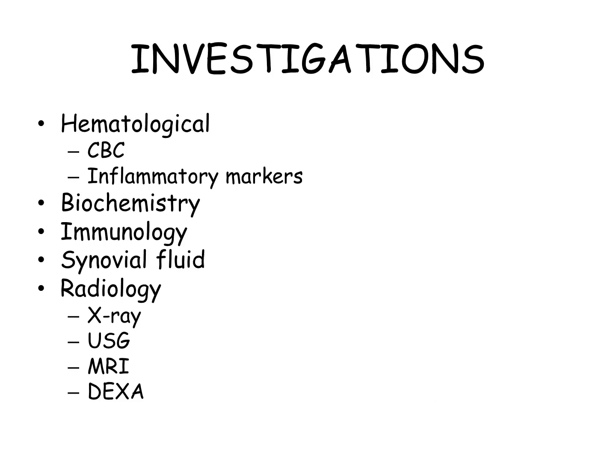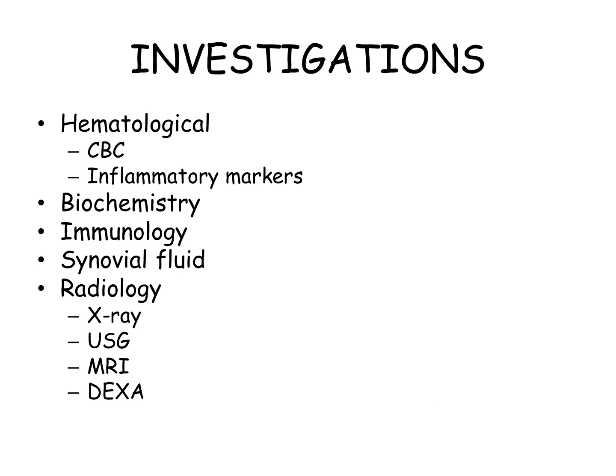If you're suspecting that the patient has an autoimmune disease, then immunological tests will be ordered for the patient. If the patient has acute monoarthritis, then synovial fluid analysis is a must.